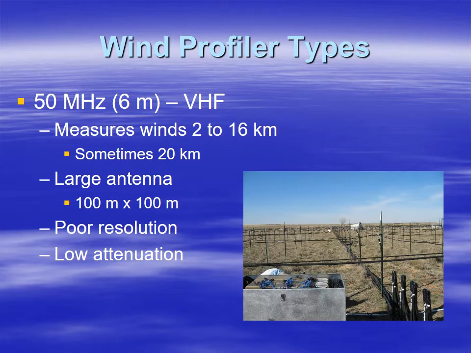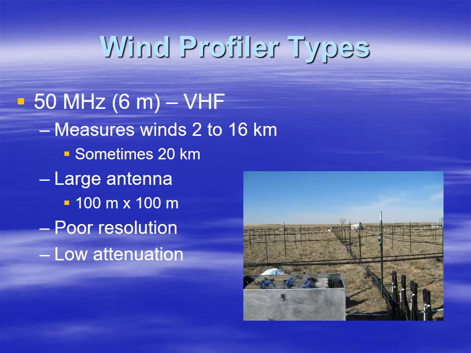And if you remember, we talked about the wavelength and antenna size. Really big wavelengths require really large antennas. These antennas are on the order of the size of a football field, 100 meters by 100 meters.